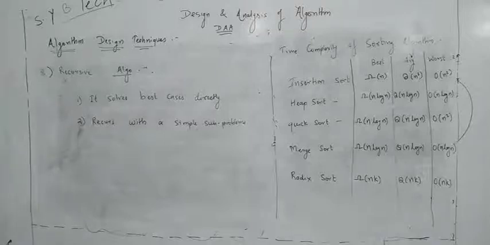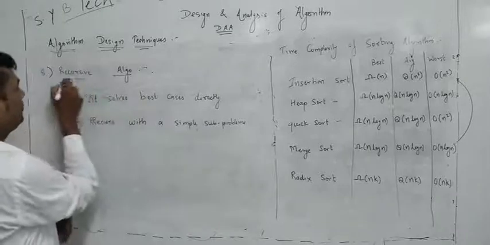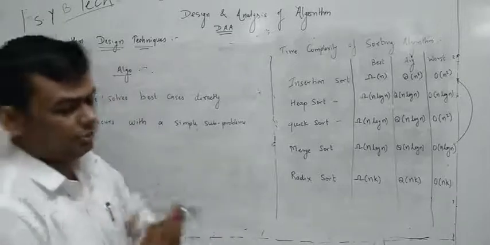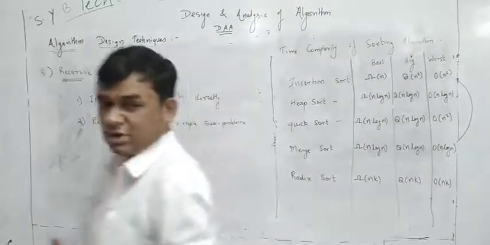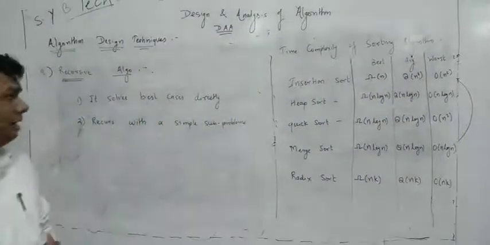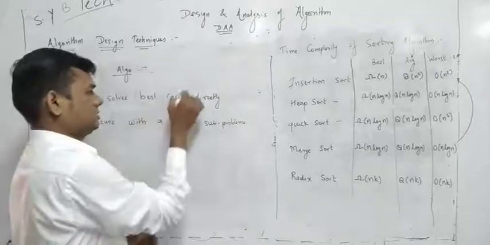And lastly, the recursive algorithm does some extra work to convert the solution of the simpler subproblem into a solution to the given problem. So students, you use the recursive algorithm when you perform programs such as Fibonacci as well as factorial, and it solves the base cases directly.